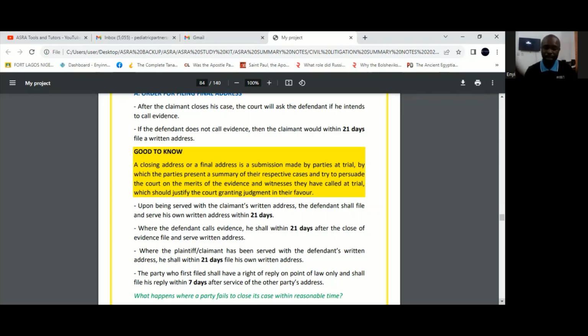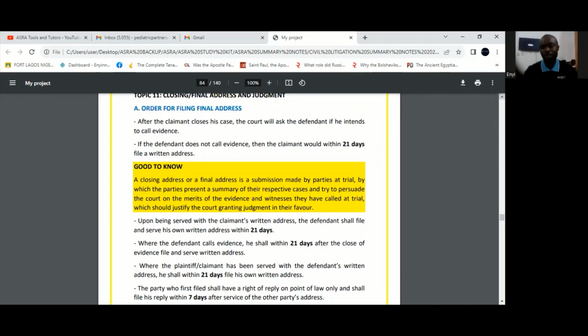Now, if on the other hand, at trial, the claimant goes first and closes his evidence, and the defendant chooses not to make any defense. So the defendant is adopting the claimant's case as his own, all right? He's chosen to adopt the claimant's case as his own.